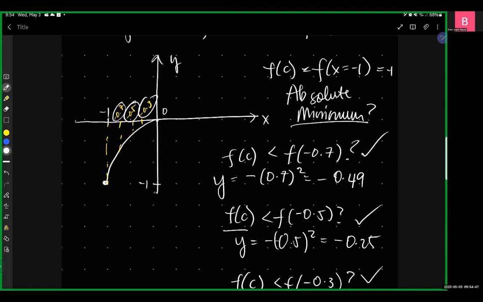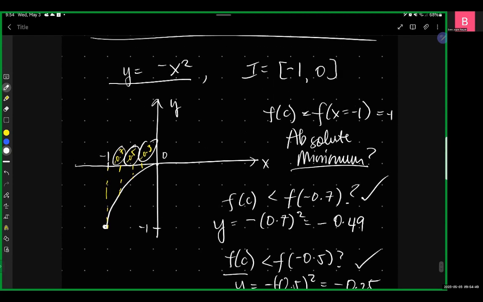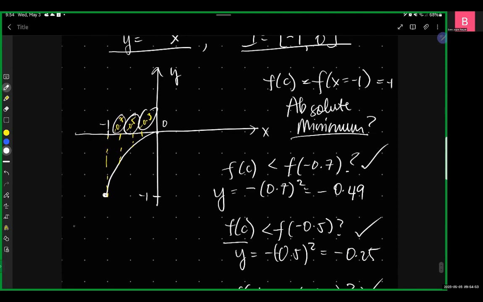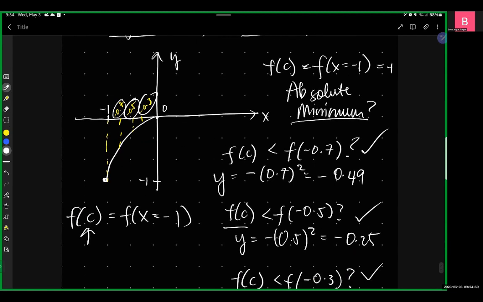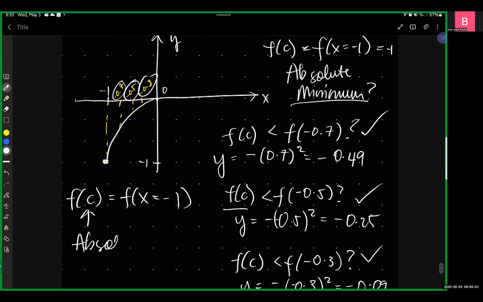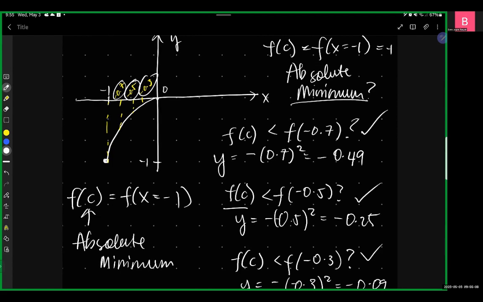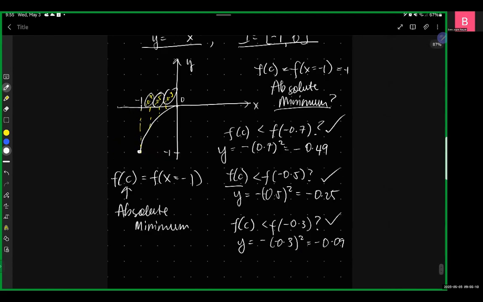So now, as you can see, we can see for ourselves that f of c, where c is negative 1, for the case of y equals negative x squared on this interval, that f of c, which is f of x equals negative 1, gives us the absolute minimum. Okay? So that's the idea in our definition of absolute extreme values.